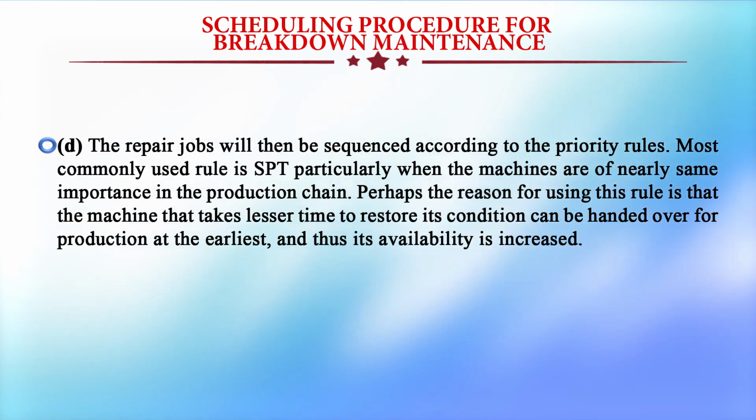The most commonly used rule is shortest processing time, particularly when the machines are of nearly the same importance in the production chain. Perhaps the reason for using this rule is that the machine that takes less time to restore its condition can be handed over for production at the earliest, and thus its availability is increased.